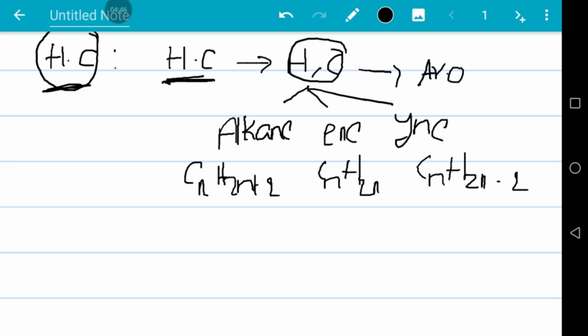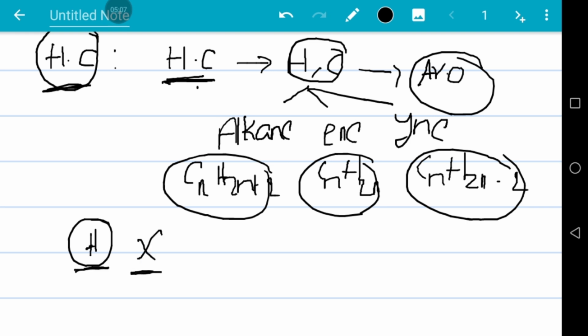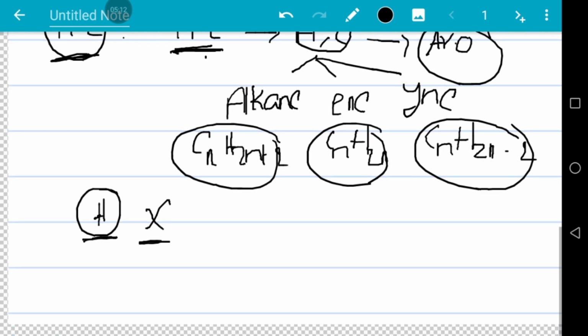That means in the alkane or alkene or alkyne or aromatic hydrocarbons, hydrogen is replaced by the halogen. So the replacement of hydrogen by the halogen in a hydrocarbon gives what are called halogen compounds.